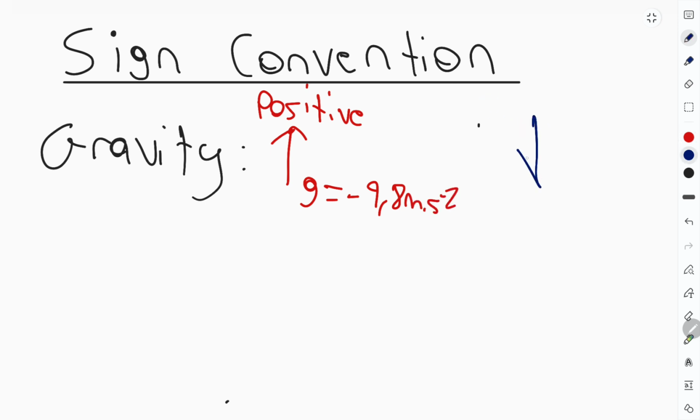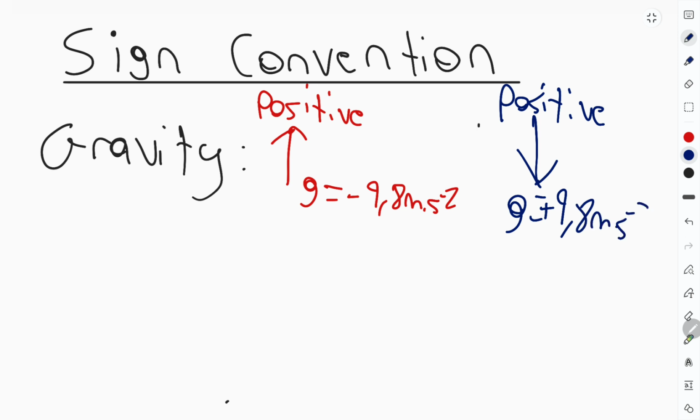But when you choose down as positive, gravity is equal to a positive 9.8 meters per second squared.